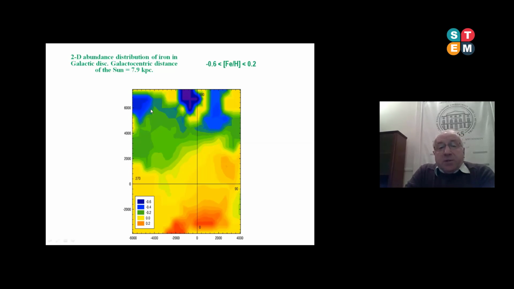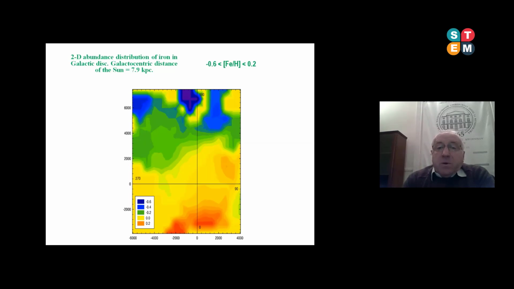So we constructed for this sample of stars a 2D abundance distribution of iron in the galactic disk. Here we are, our sun. Here is the center of the galaxy, and as you see, we covered in the plane of our galaxy an area of about 10 kiloparsecs by 10 kiloparsecs.